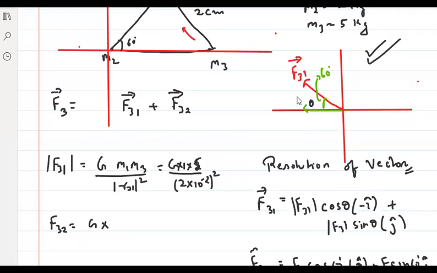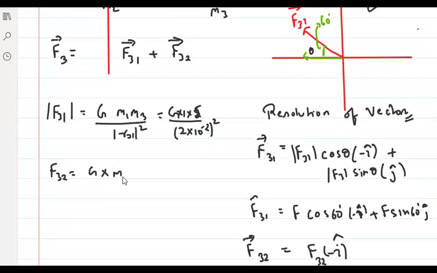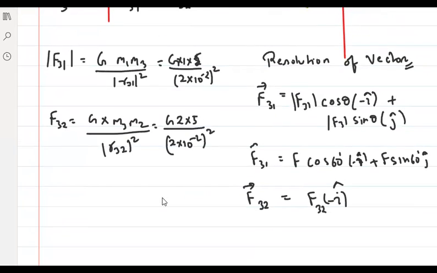So it is M3 M2 by R32 square. Find it in the same way. So G into 2 into, sorry, into 5, by 2 into 10 to the minus 2 whole square.